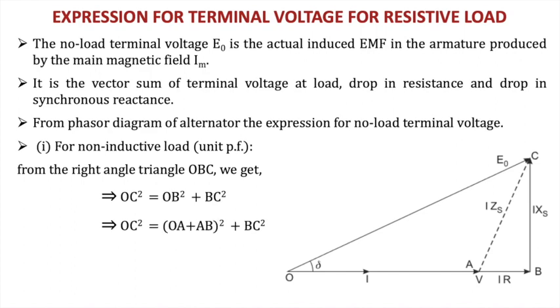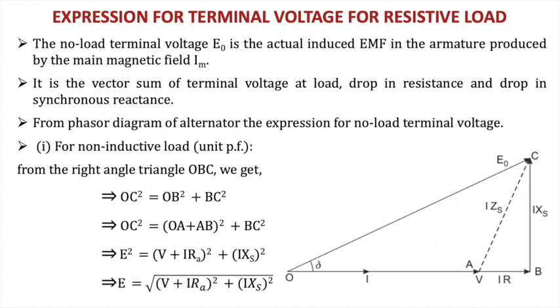Substituting the terms, OB will be equal to V plus IRA drop, and BC is the reactance drop. So E square will be equal to (V plus IRA) square plus (IXS) whole square, or you can write E is equal to the whole under root of (V plus IRA) square plus (IXS) square.